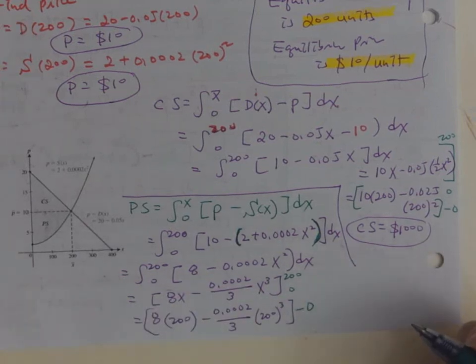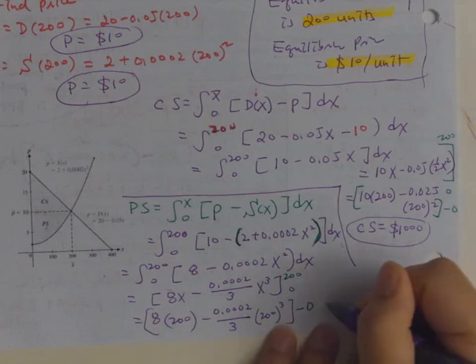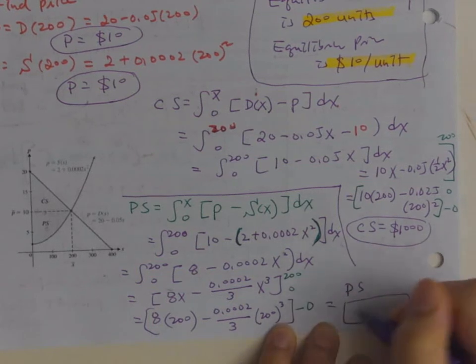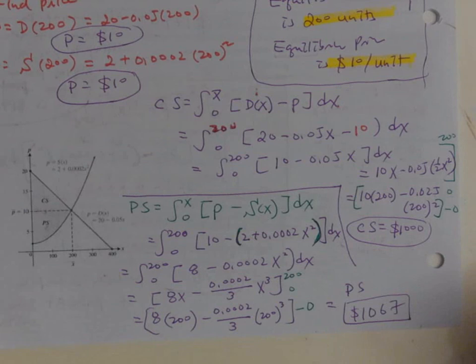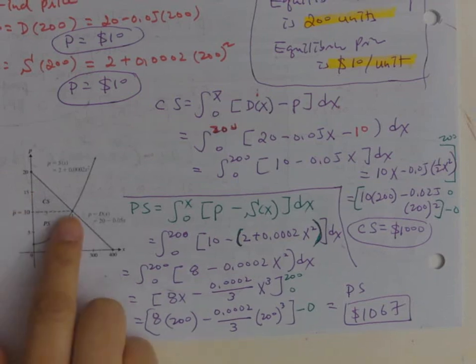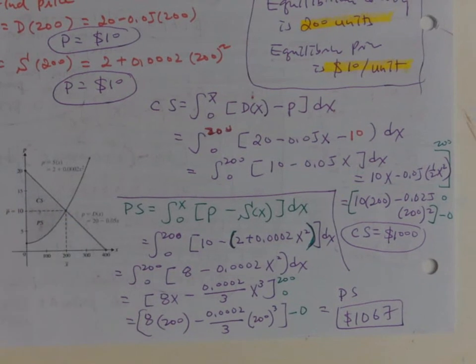If you plug into the calculator, hopefully what you will find is the producer surplus is going to be $1,067. So that's the last example. I know it's really long and intense. If you look at the graph, they show you the difference between the consumer surplus and producer surplus, and they meet in the middle at the equilibrium price and units.